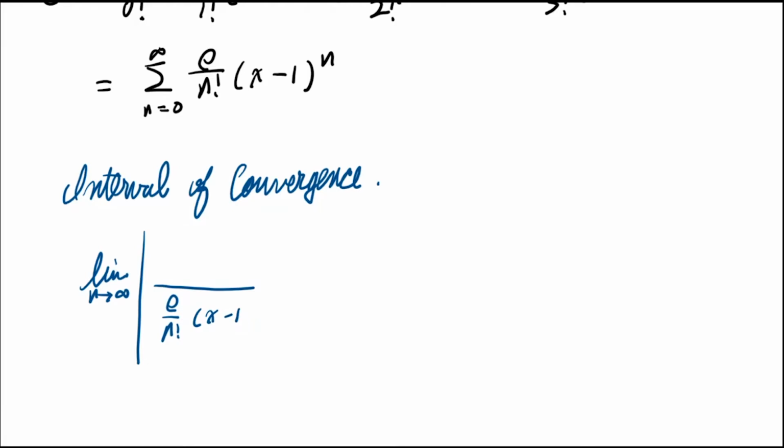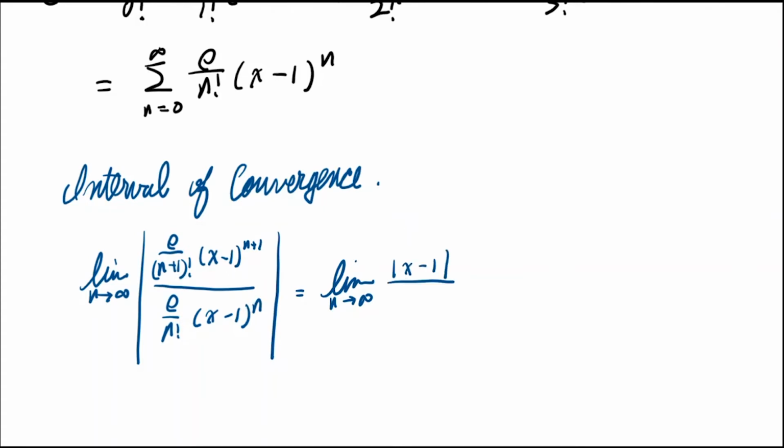And then we put e over n plus 1 factorial here, and then x minus 1 to the n plus 1 power. And limit. And then you can see that e's cancel out. You just have x minus 1 on the numerator, and then denominator you have n plus 1. Correct?